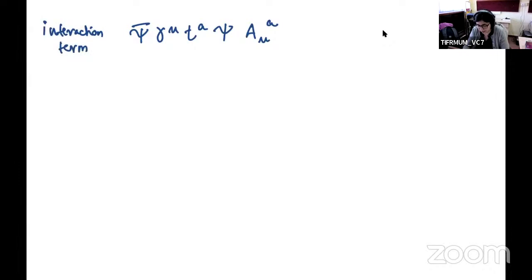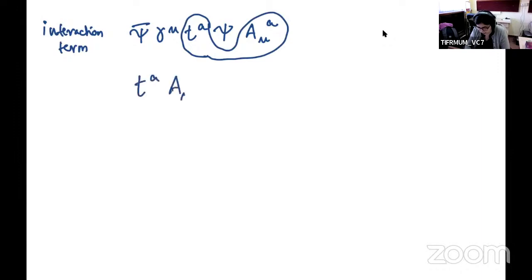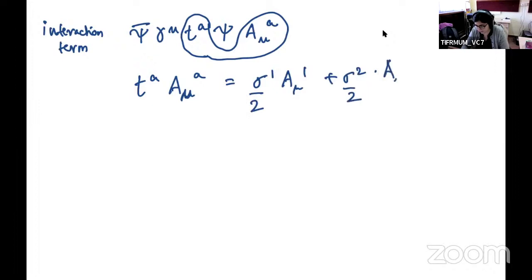So you can think of this in another way. You can actually put these guys together, so do the multiplication beforehand. So you know that this A is going to get multiplied and summed over. So what does T^A A mu A look like? So this looks like essentially sigma 1 times A mu 1 plus sigma 2 times A mu 2 plus sigma 3 times A mu 3.